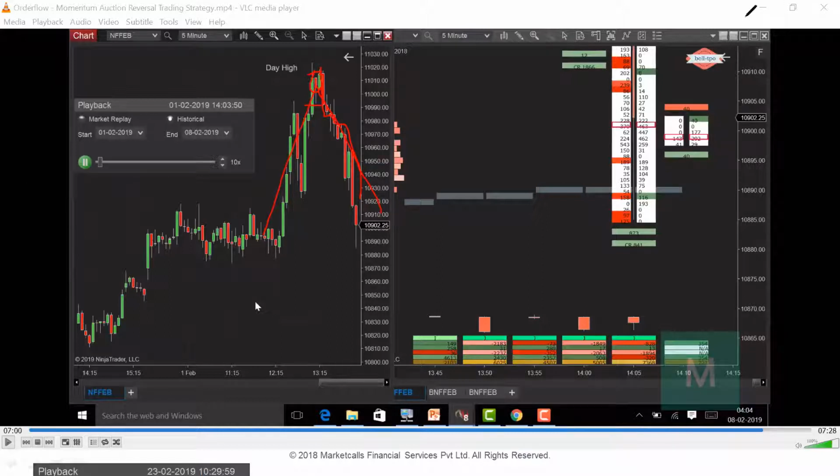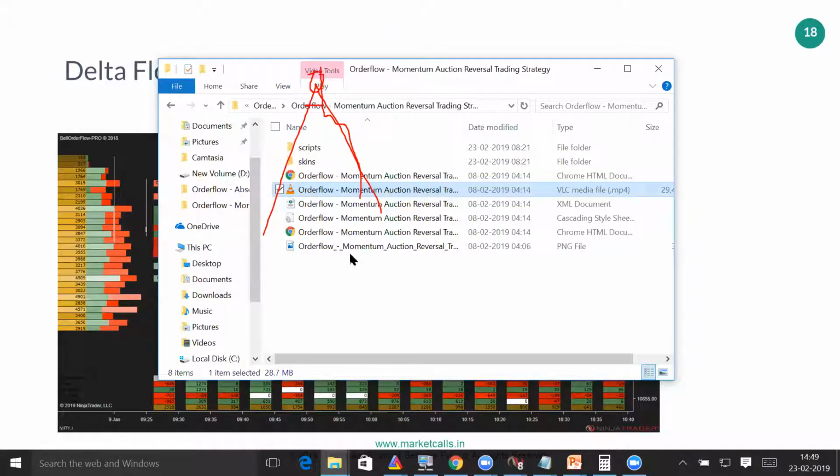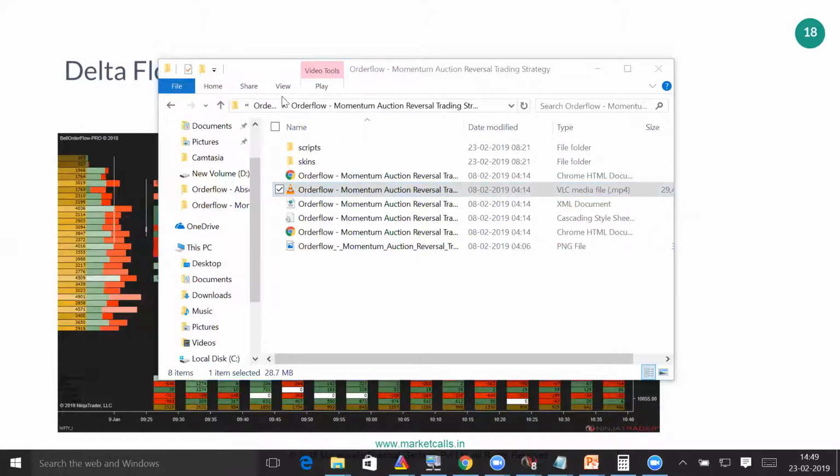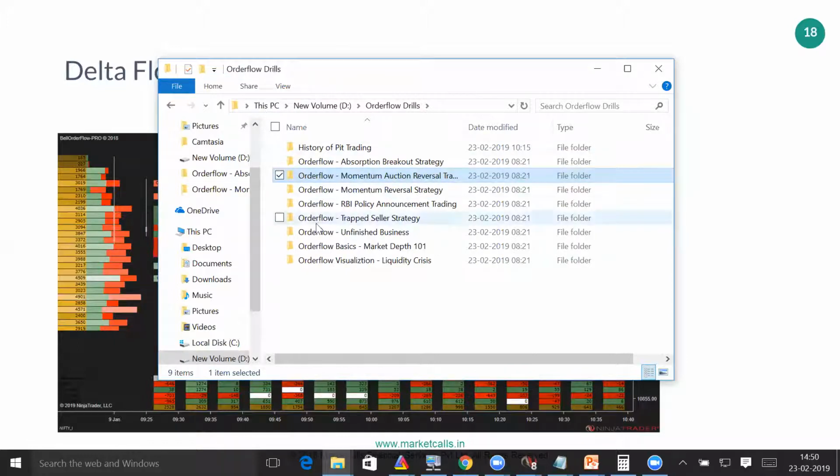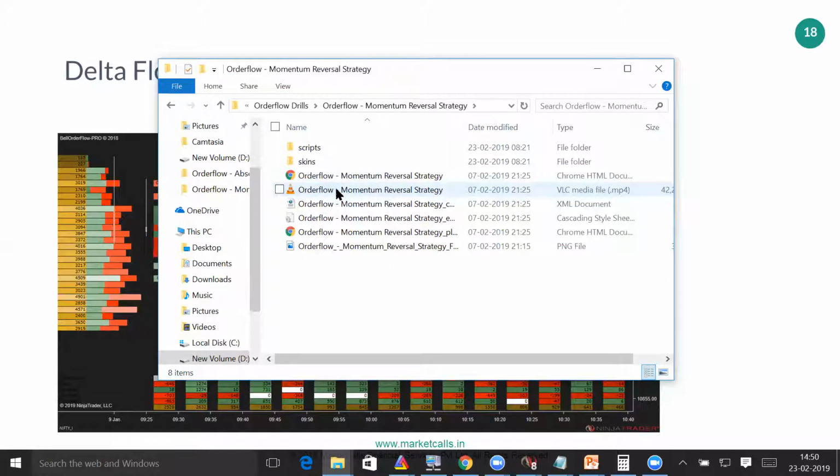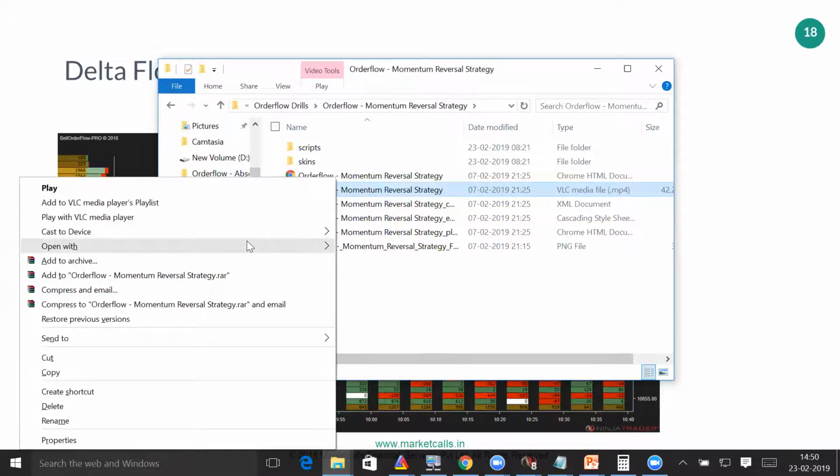Right? Maybe I'll run through a similar example. This is also taken in February. All the examples are taken only during this month, the current month. So this is a momentum reversal strategy. It's one of the examples for a momentum auction reversal strategy.